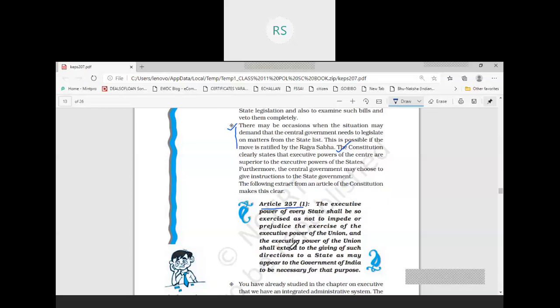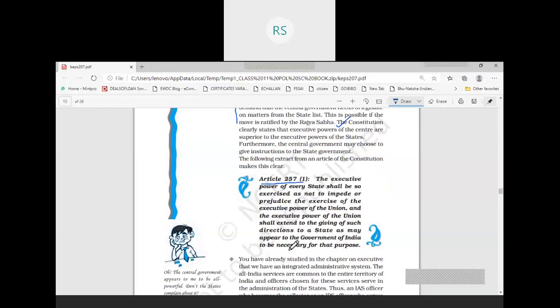To make this happen, the central executive has the authority to give direction to a state.